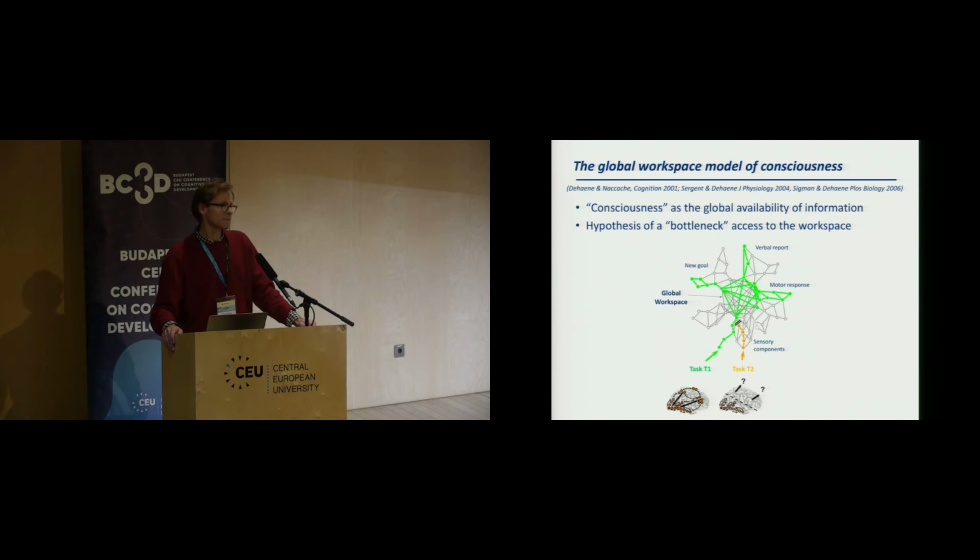In this model, consciousness is seen as a global availability of information. Meaning that once information enters a global workspace, that would be the stage of consciousness, it allows the sensory information to be routed to some new intention, or to be manipulated in a complex way, or to be verbally reported.